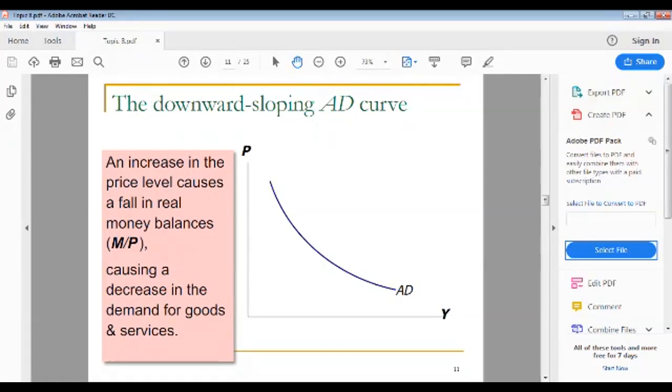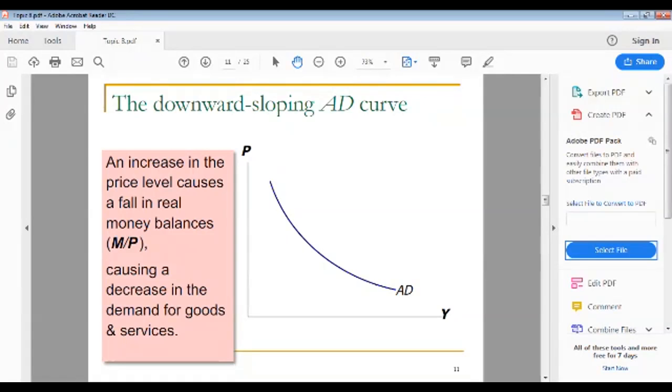If the price level is increasing, then the denominator would be getting larger, right, which would mean that the whole term would be getting smaller, correct?